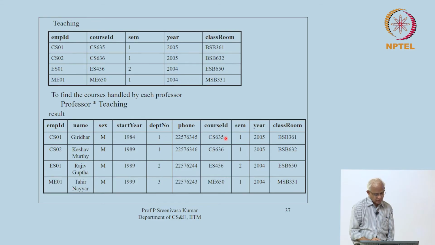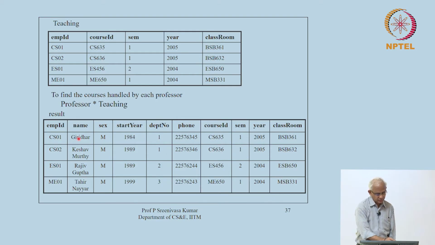If you want, we can go back to that professor table that had employee ID, and of course it has, okay, I think it is almost there here. So professor: employee ID, name, sex, start year, department number, phone, these are the attributes of professor. And now in the teaching we have employee ID, so a natural join occurs, and we get the details.